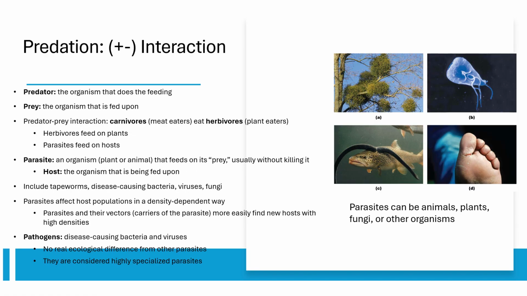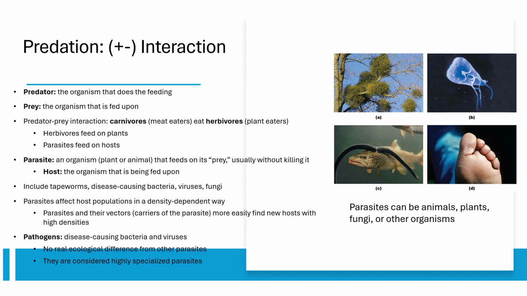So quite often when we think about interaction between organisms, the first one that comes to mind is predation. Predation is positive for the organism who eats the other one and negative for the one who is eaten. The predator is the one that does the feeding. The prey is the one that is being fed upon.